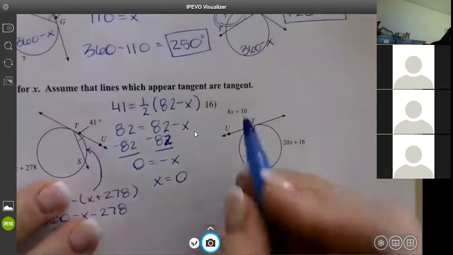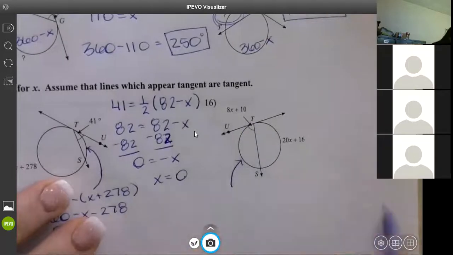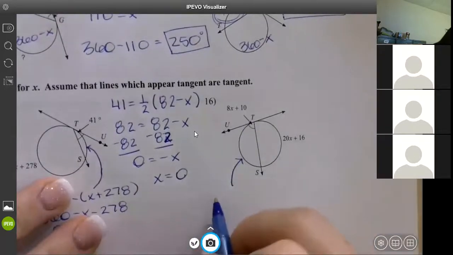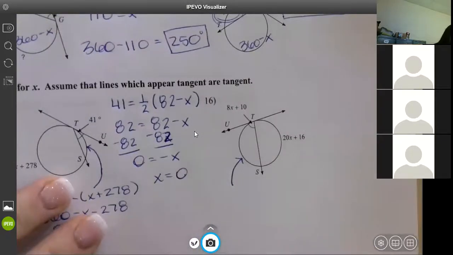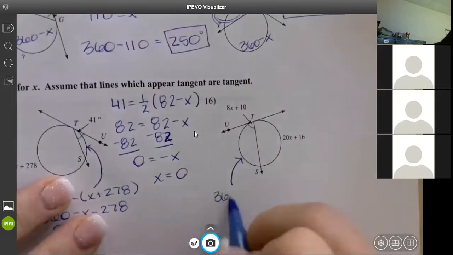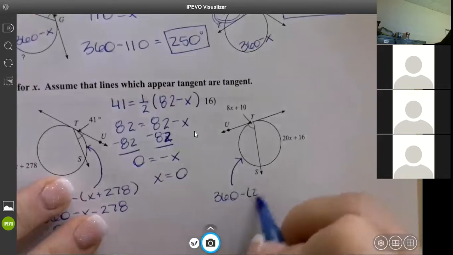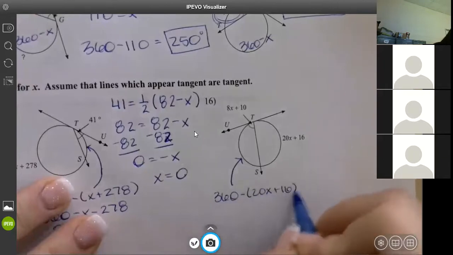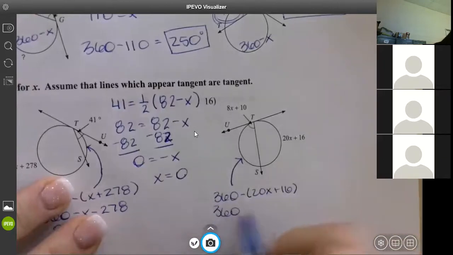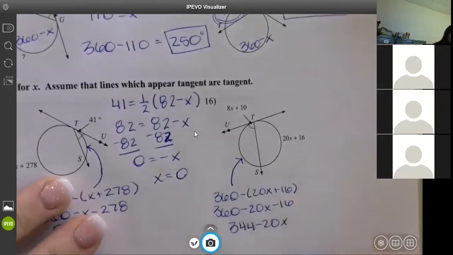Same thing on the next one. How do I figure out this arc that's inside? Subtract it from 360. Make sure you put parentheses. 20x plus 16. So we get 360 minus 20x minus 16, which gives us 344 minus 20x.